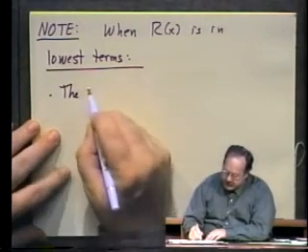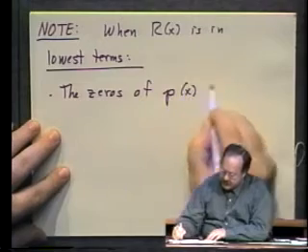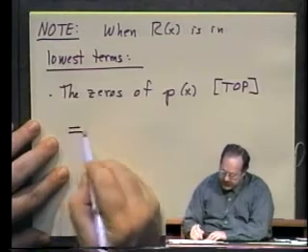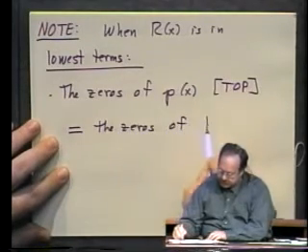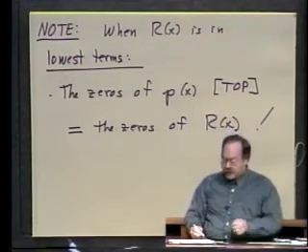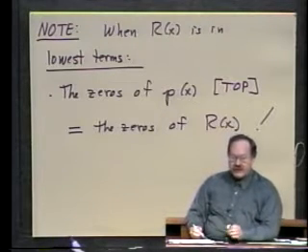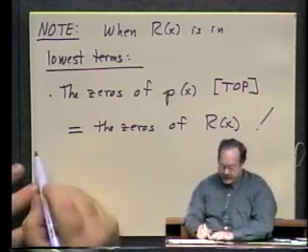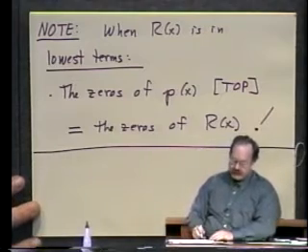The zeros of p of x, which remember is the top of the rational function, are exactly the zeros of the rational function. So you don't have to look any further. You can look at the polynomial on top, find its zeros, and in the previous segments we know how to do that, and you'll have the zeros of the rational function. Now that only works if the rational function's in lowest terms, but that makes things a little bit easier.